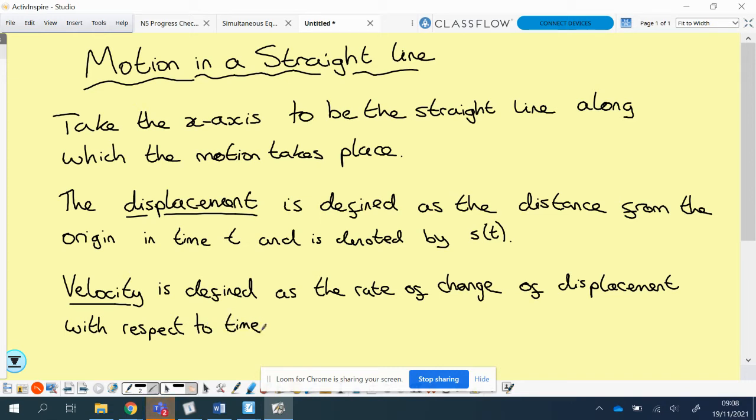Again, that's also time dependent and is denoted v of t. Okay, velocity, we use the symbol v as a function of time t.